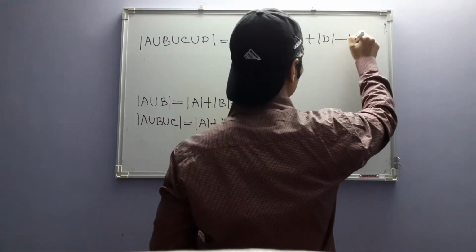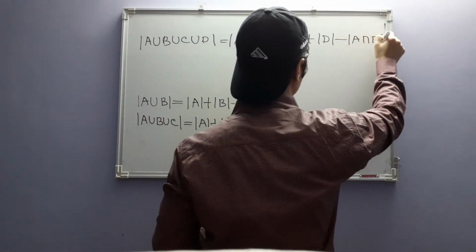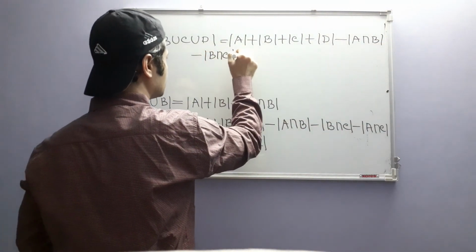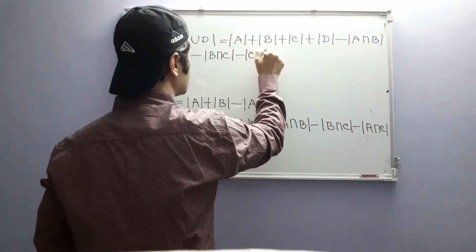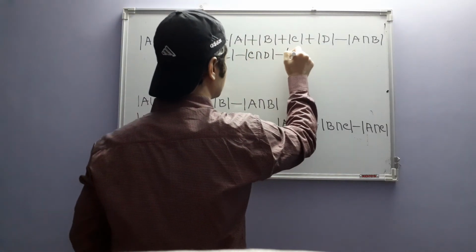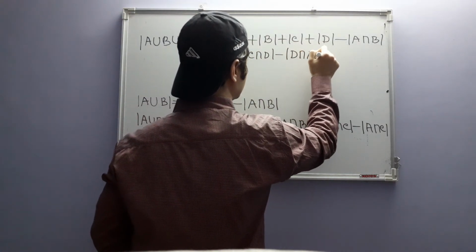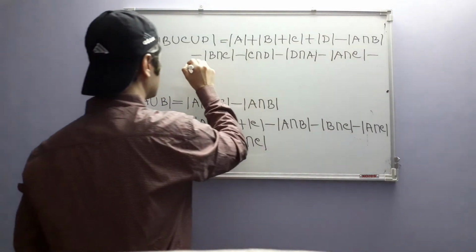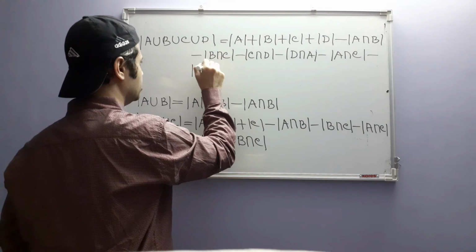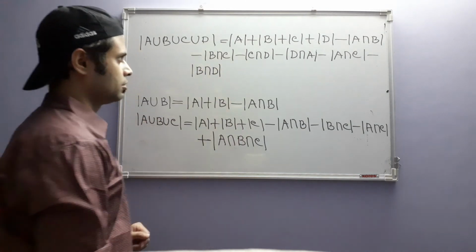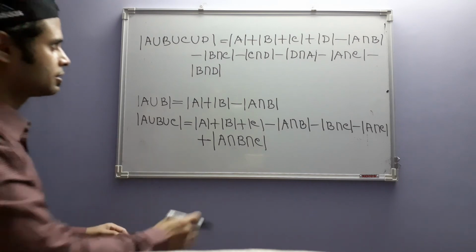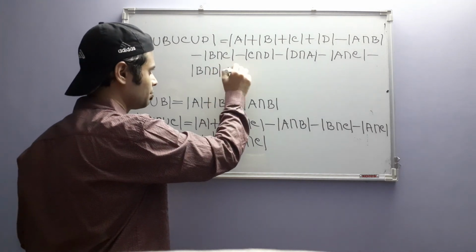That gives you AB, BC, CD, DA, AC, BD. This many possibilities. Then after that, after having minus, you write plus.